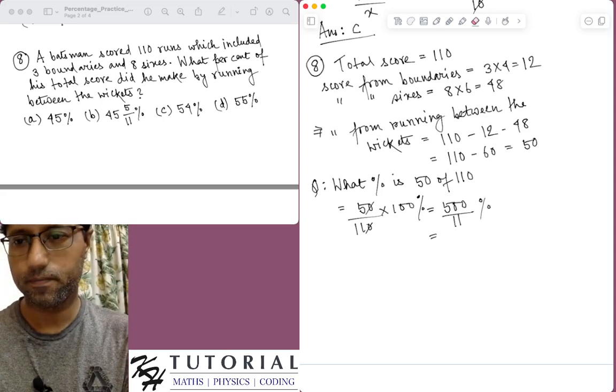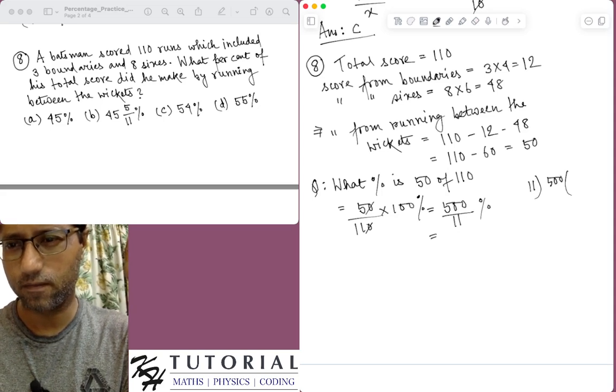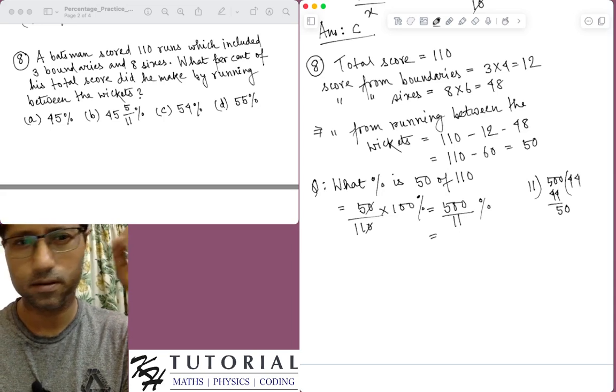If we divide 500 by 11, we have 4, 44, and then 5, 0, and 4 again.